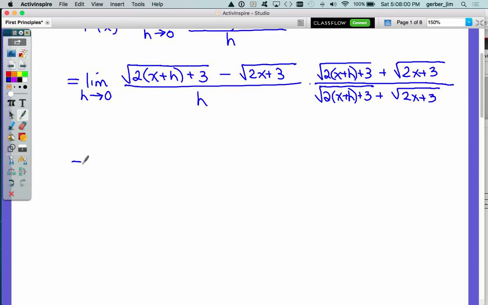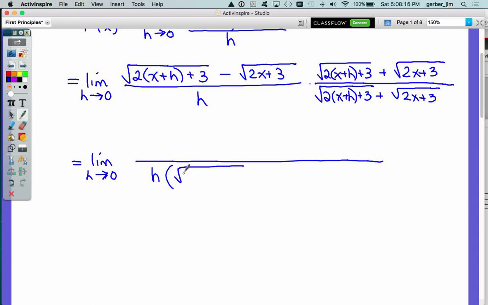Our limit becomes the limit as h approaches 0. In the denominator, let's do that first, we're just going to have h times this thing on the right. So h times the square root of 2x plus h plus 3 plus the square root of 2x plus 3. And in the numerator, we're going to apply FOIL to this.